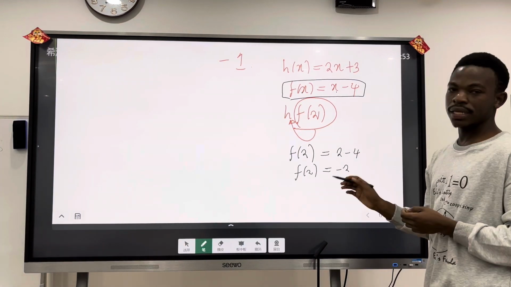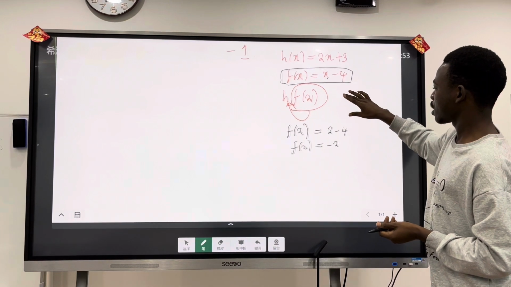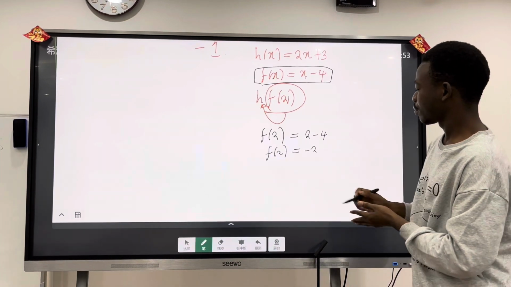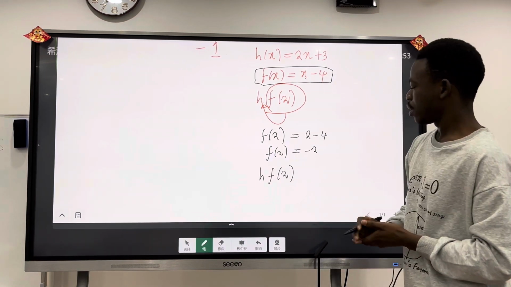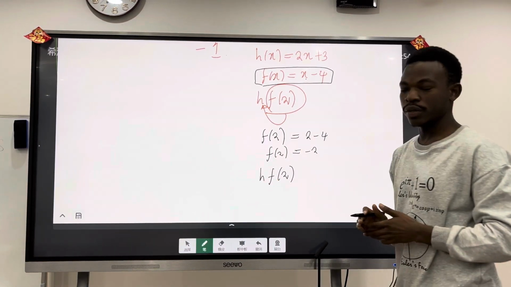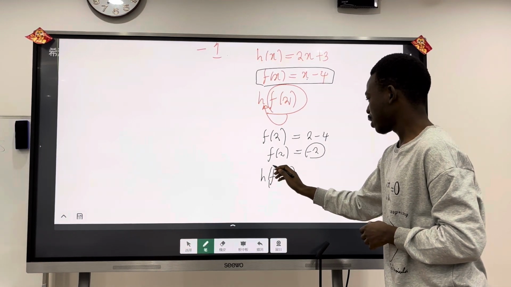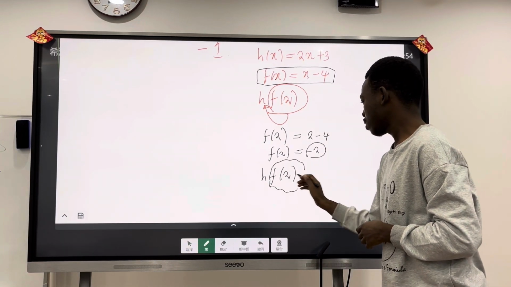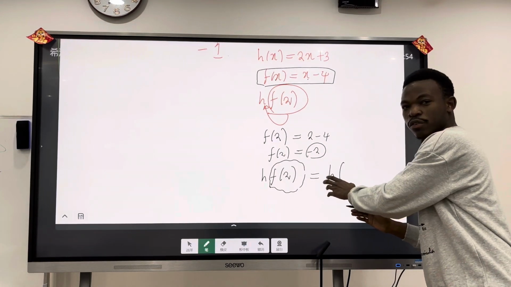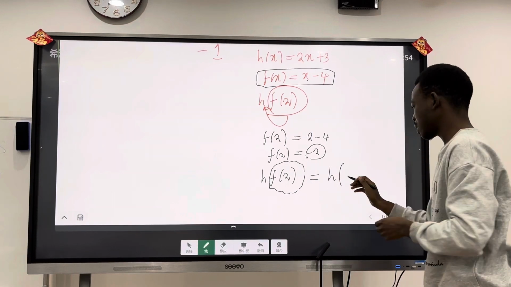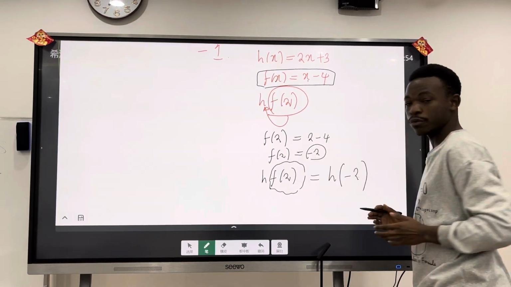But the question says h of f of 2. We now know what f of 2 is, because f of 2 is negative 2. So this entire thing here, instead of saying h of f of 2, we'll just say h of negative 2, because negative 2 is f of 2.